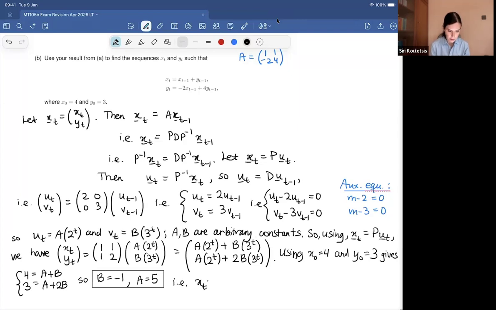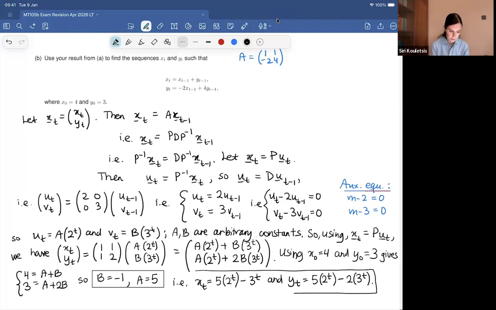And so now we can write out the sequences xt and yt. And that is our final answer.